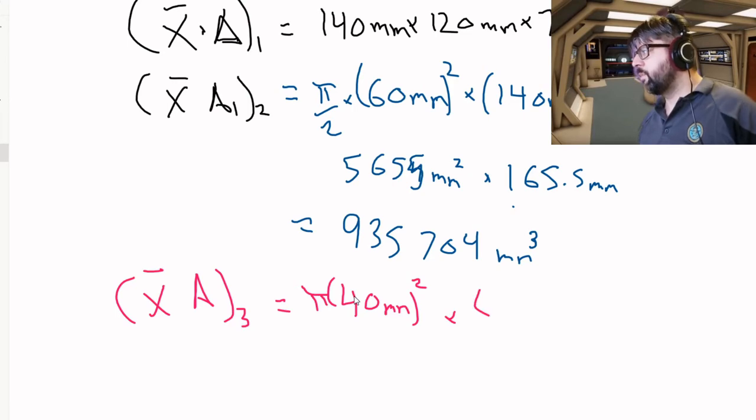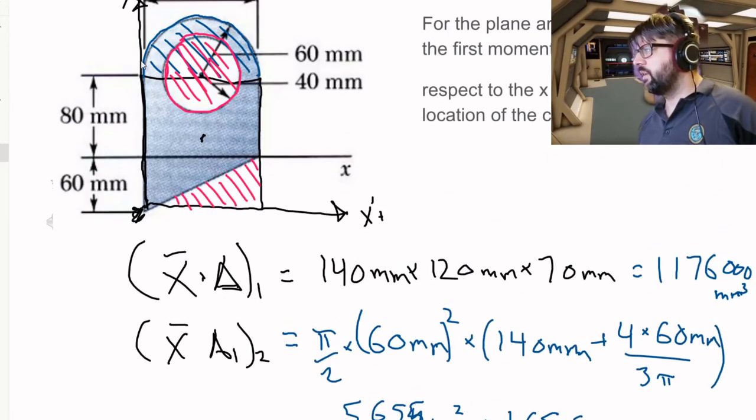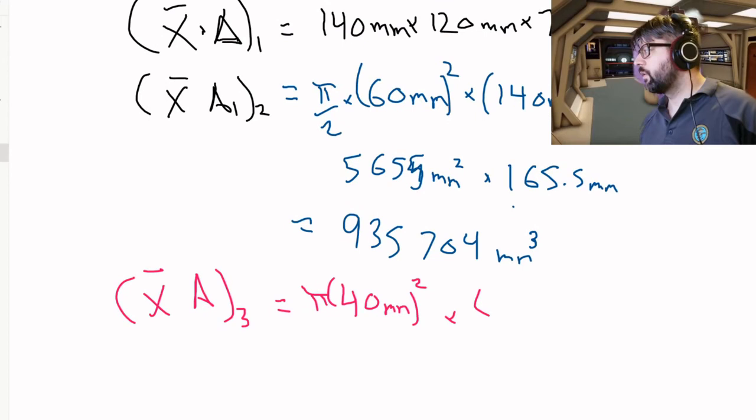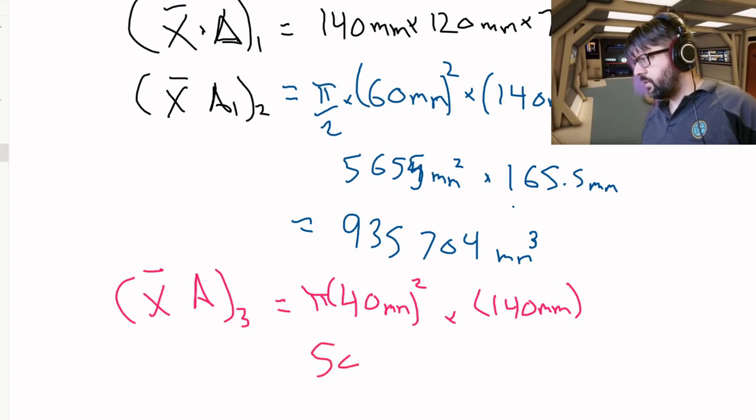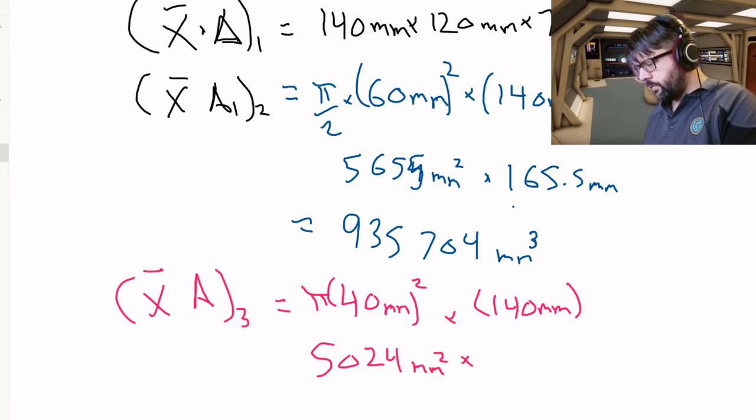And then times the X bar for that, which is going to be 140 millimeters. So pi times 40 squared is 5,024 millimeters squared, times our 140.